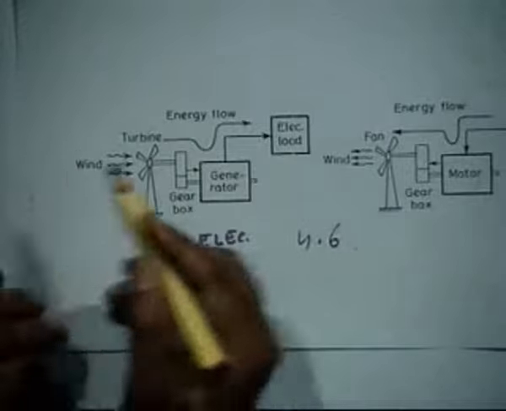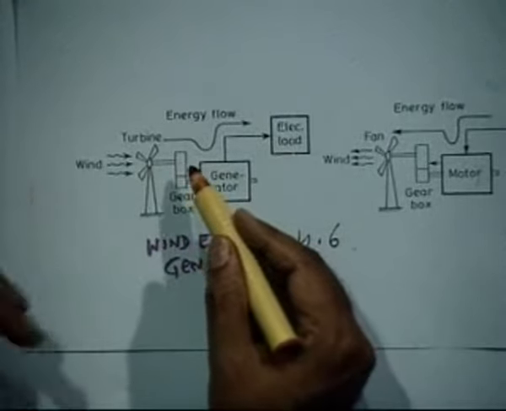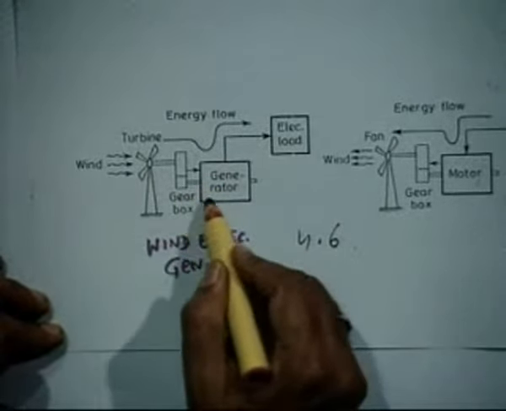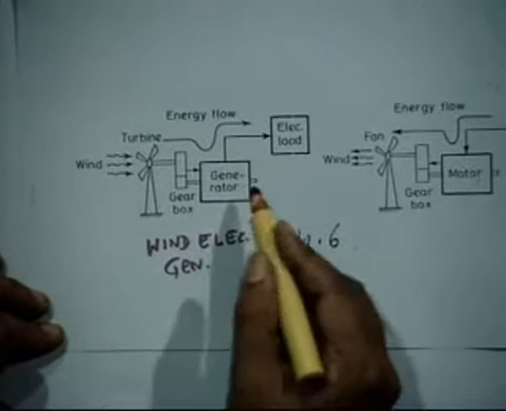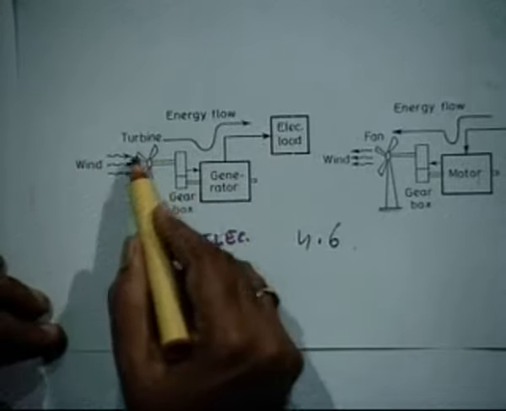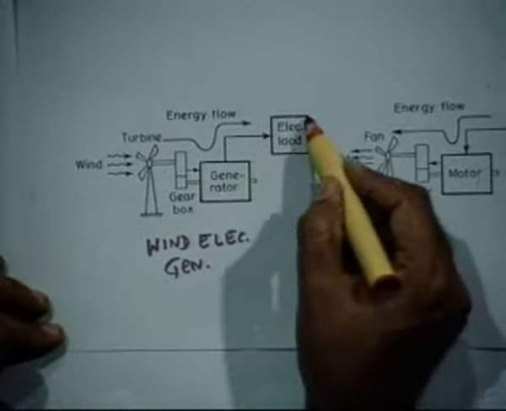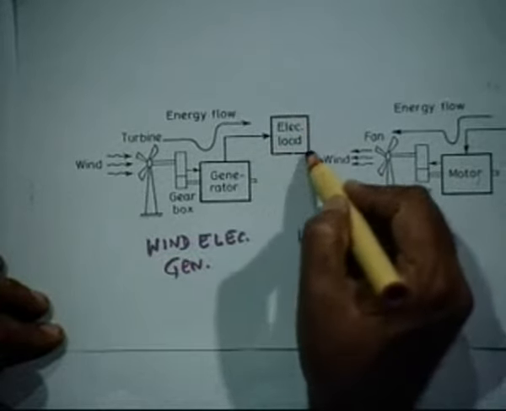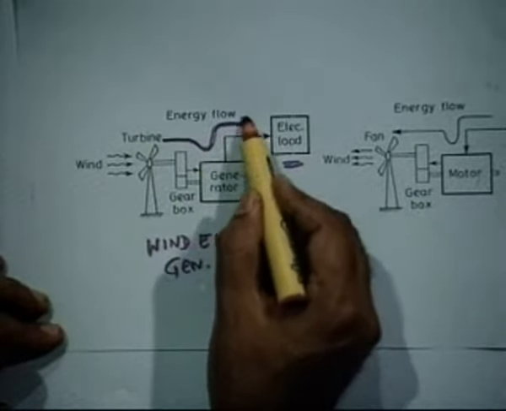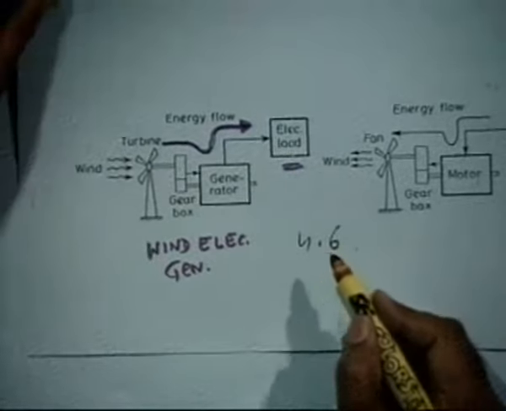So you step up the speed by a gearbox and then it drives a generator. The mechanical energy from the source is converted into electrical energy and goes to an electrical load. So you have this type of energy flow going out.